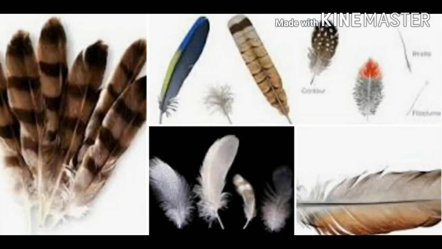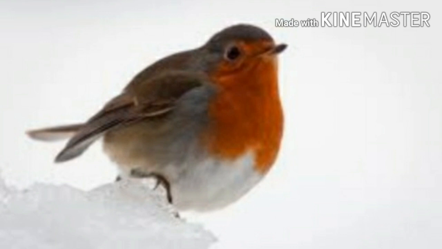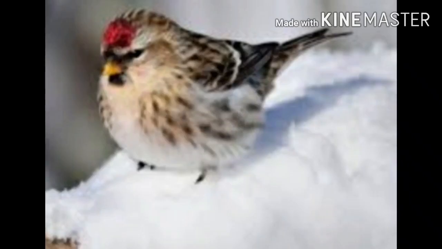The feathers of birds keep them warm in cold weather due to air trapped in them. Air, being a very poor conductor of heat, prevents the body heat of birds from escaping to the cold surroundings and hence keeps the birds warm in cold weather.